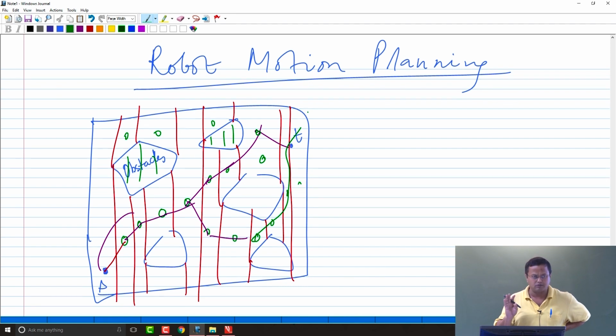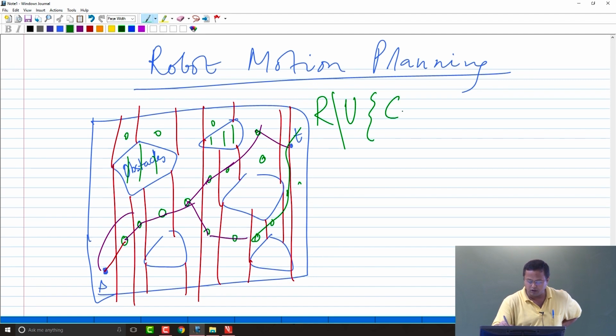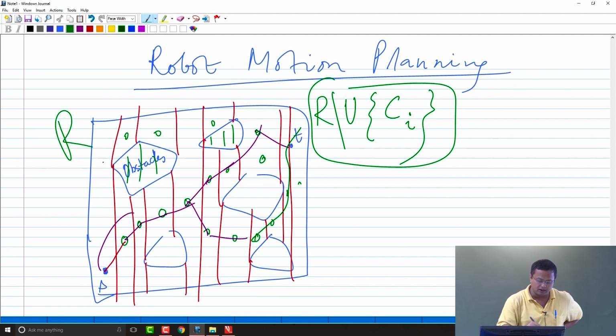So, you are not restricting any condition on the selection of the points inside the trapezoid. No. What I am saying is, if there is a path through this free space, let your box be R, and then you take the union of all polygonal obstacles. This is your box R, and these are your polygonal obstacles.